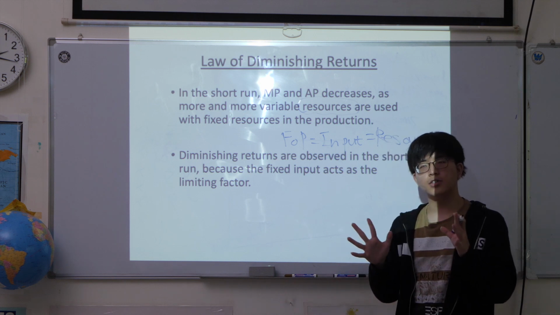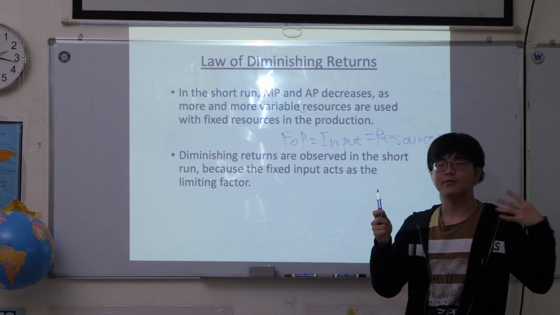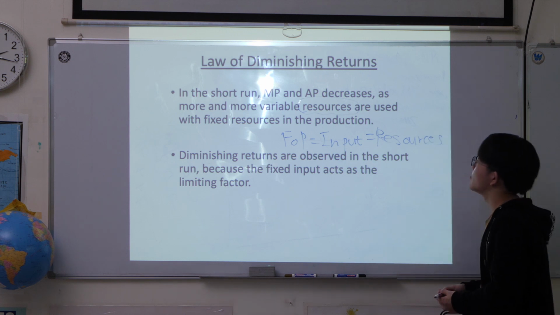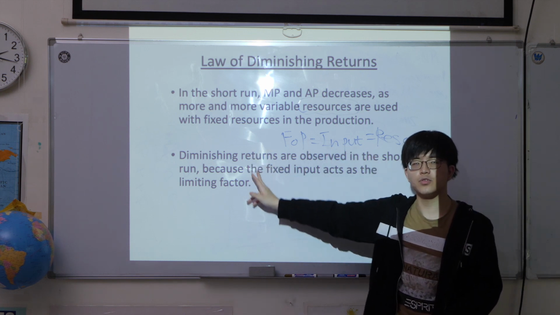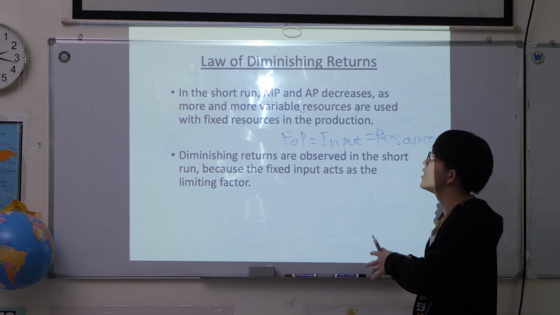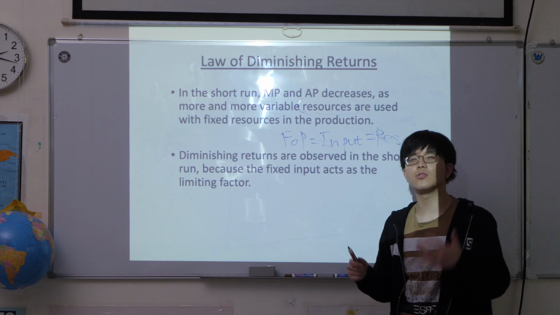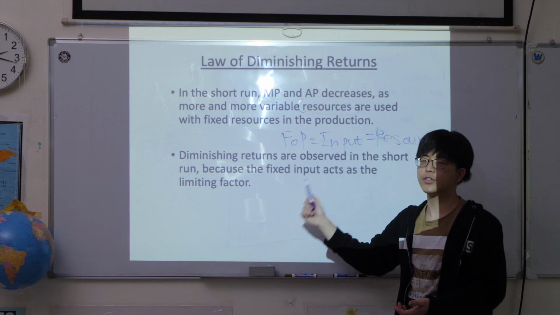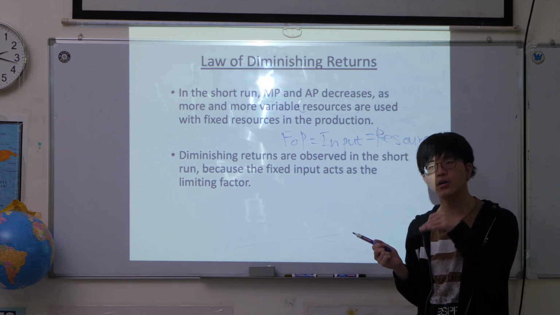So I already mentioned the problem of labor when we have too many teachers. Okay, because we have a limited number of fixed resources, if there are too many variable resources, then marginal product and average product will start to decrease in the short run only.